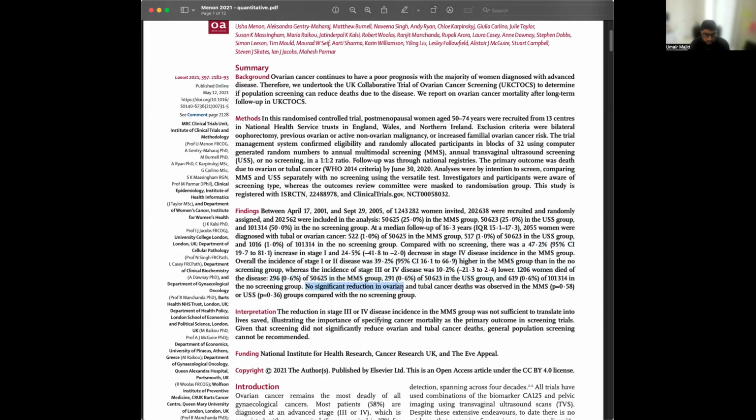But there was no significant reduction in ovarian and tubal cancer deaths observed in the MMS group, meaning the p-value is above 0.05, so there's no significant difference, or USS compared with no screening.